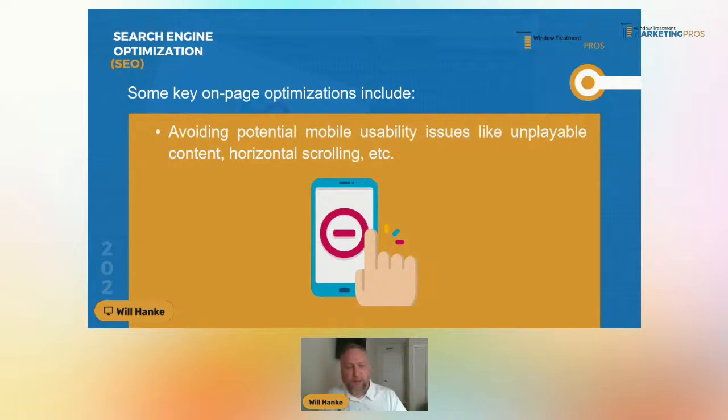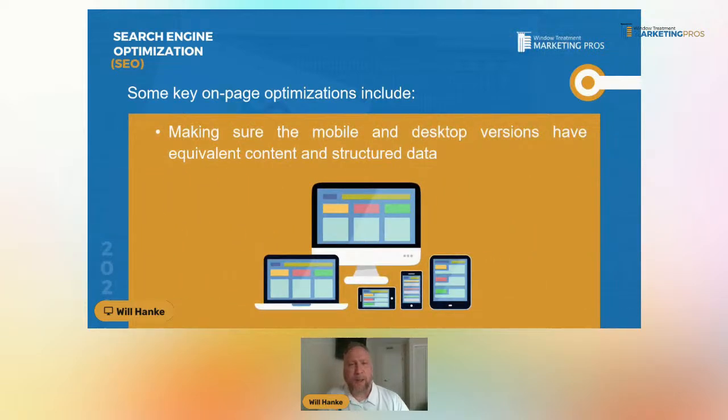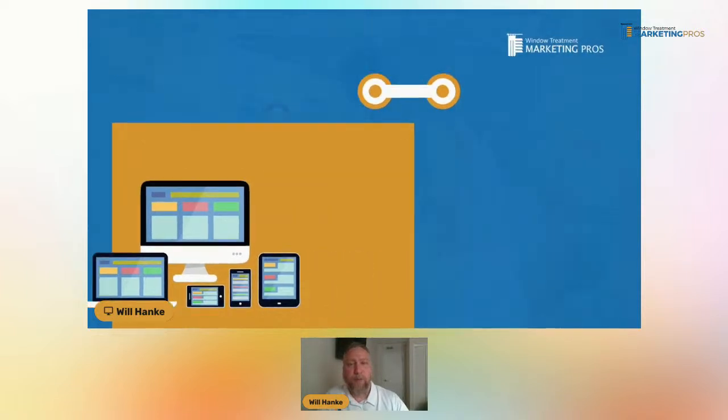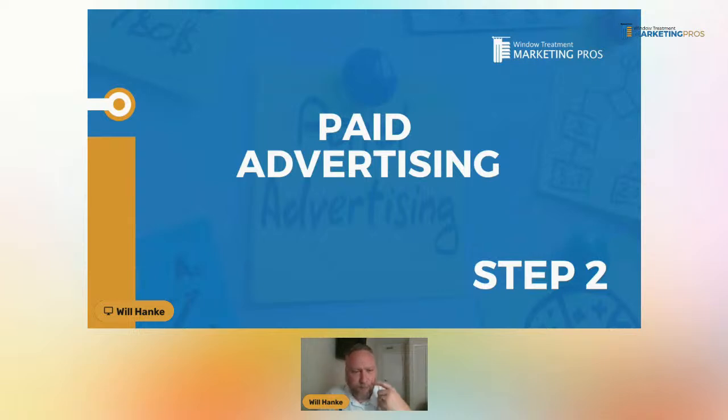That is pretty much unacceptable nowadays. It needs to be easy from a layout standpoint. Make sure that both versions, desktop and mobile, have the same or very similar content, and the structured data we mentioned earlier is available on both types of devices.